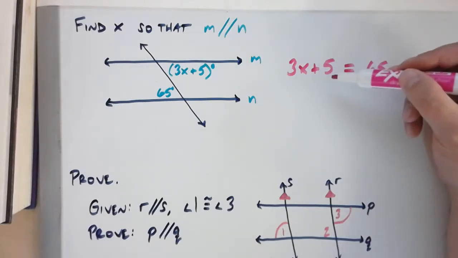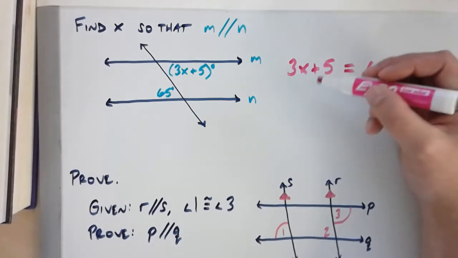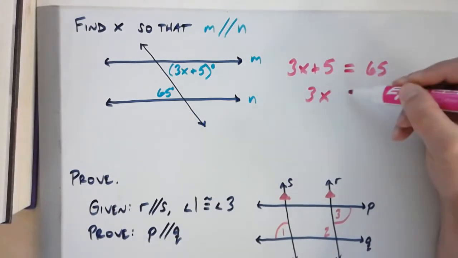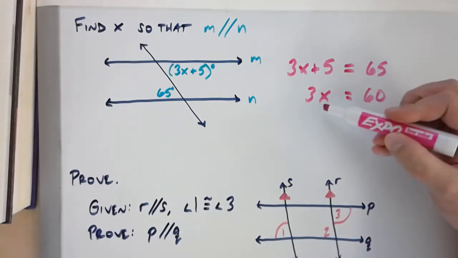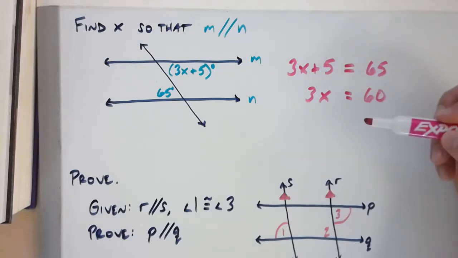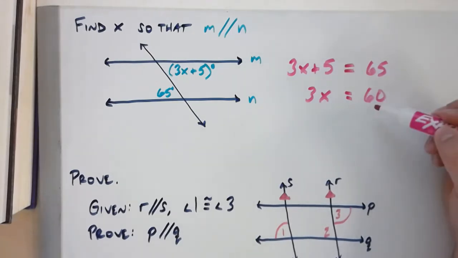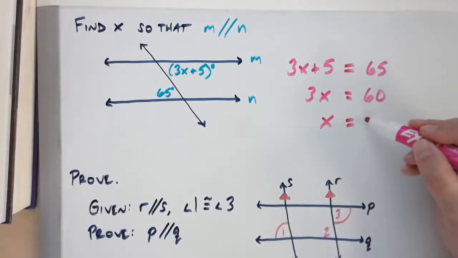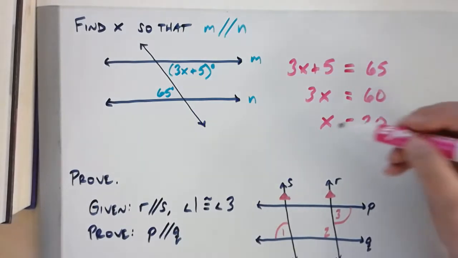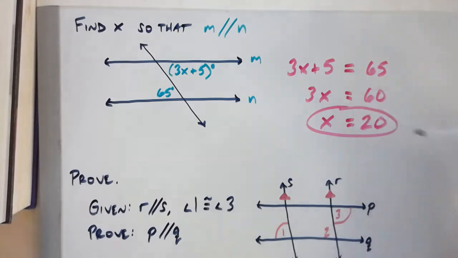Okay, so I'm going to move this 5 first. I would move that by subtraction, and so I get 3x is equal to 65 minus 5, or 60. Now to move the 3, it's multiplying by the x, so I'm going to divide, my inverse operation, to cross this bridge, and now I'm going to divide 60 by 3, and that's going to give me 20. X equals 20, and if x equals 20, let's just see what happens.